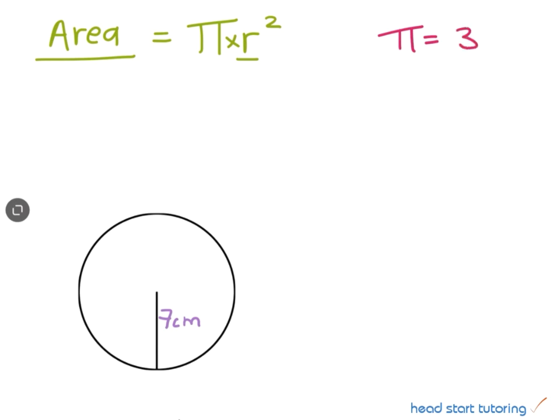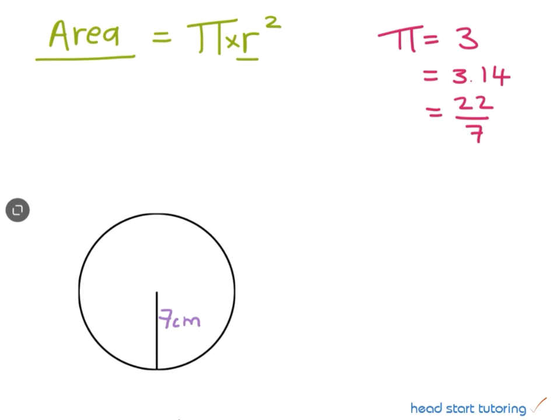So we could round pi off to 3, or we could round it off to 3.14, or we could use 22 over 7 as a fraction, because 22 over 7 will give us even more decimal places, even though 22 over 7 isn't actually what pi is equal to, because pi is an irrational number. We can work with 22 over 7 in order to help us get as close as possible to what pi is.